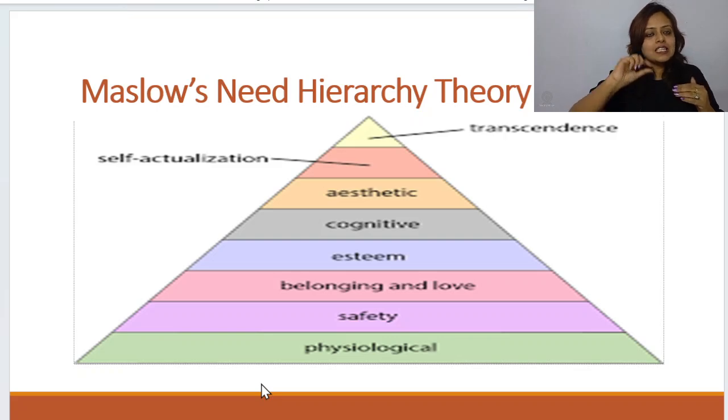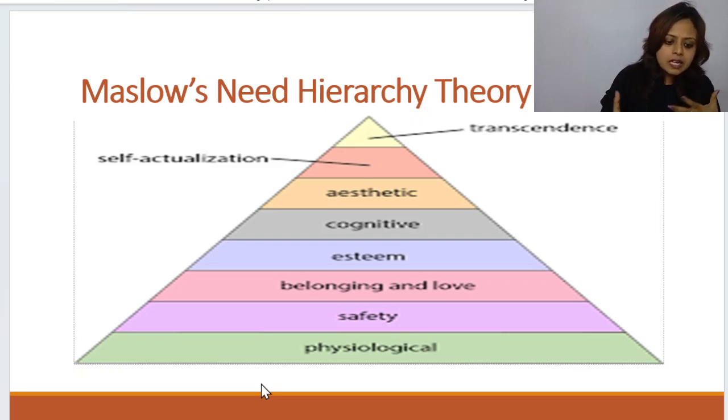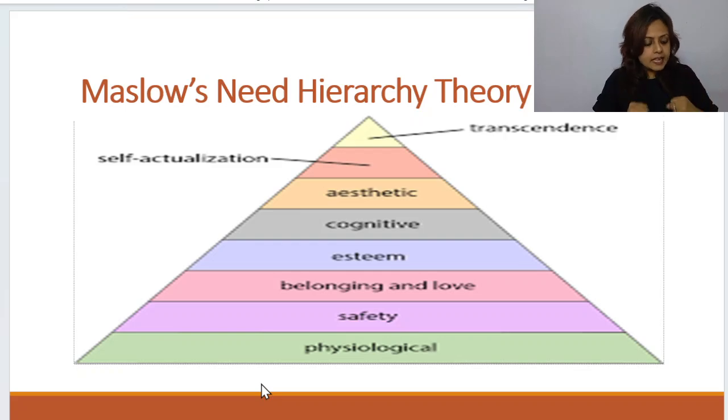Transcendence need is an extension of self-actualization need, where the individual is going beyond his or her personal growth and achievement and is helping others, or making other people capable of carrying out some specific activities that would nurture or bring out their potentialities. So that is known as the transcendence need.